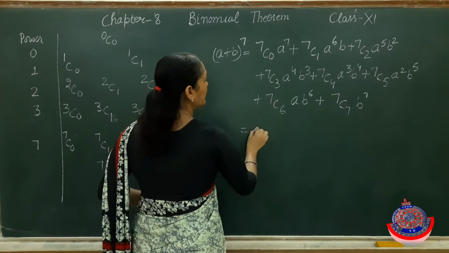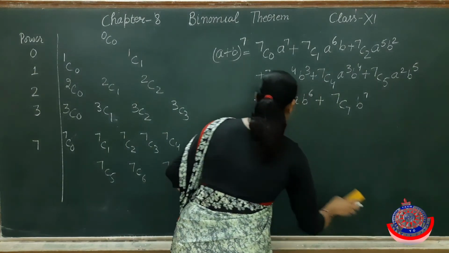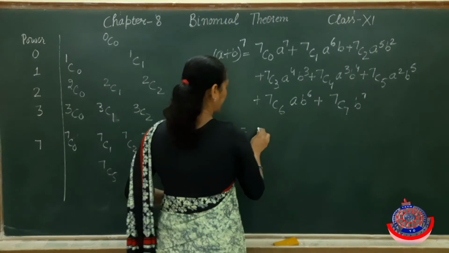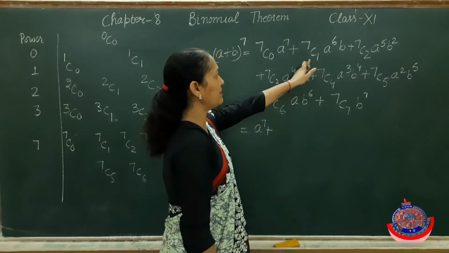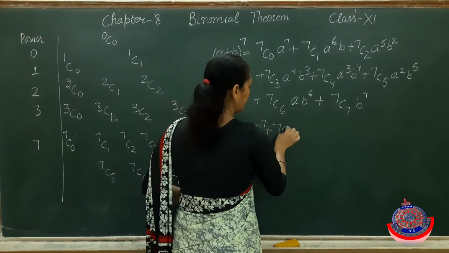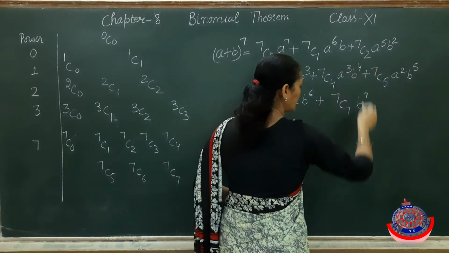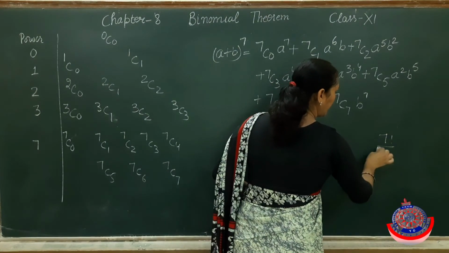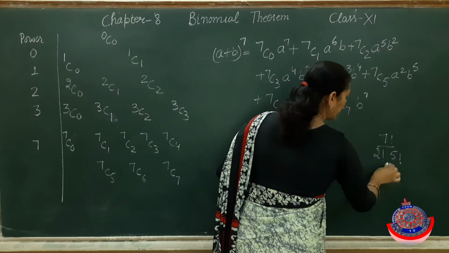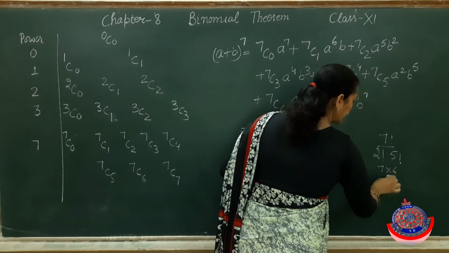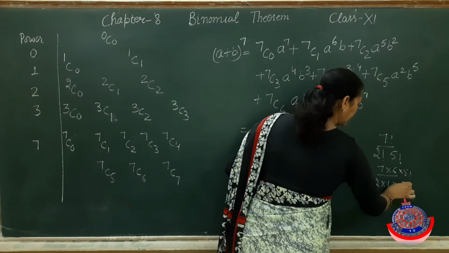Now if you open it, you will get your answer. 7C0 will be 1, so 1 into A7 means A7 only. So we can write straight away A power 7. Then 7C1 will give 7 only, 7 A6 B. Then 7 combination with 2: 7 factorial upon 2 factorial into 7 minus 2, 5 factorial. So we will be having 7 into 6 upon 2 into 1, this 5 factorial gets cancelled.